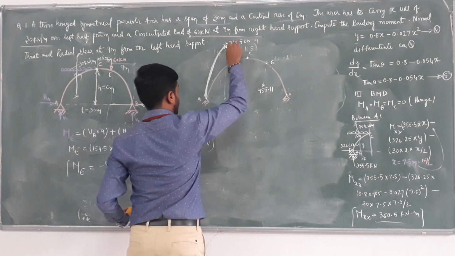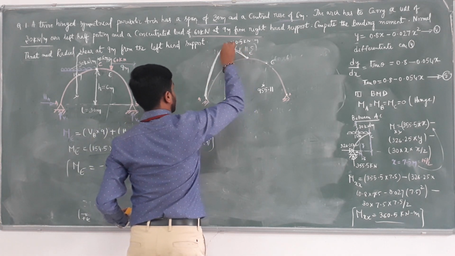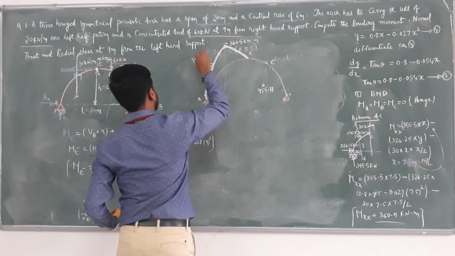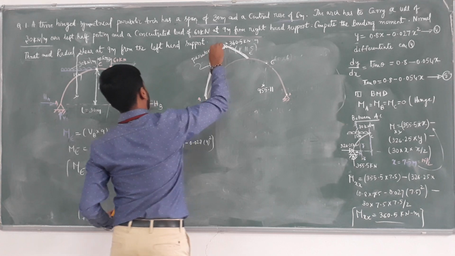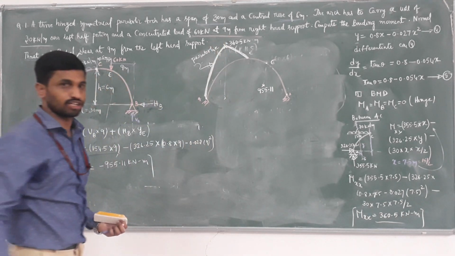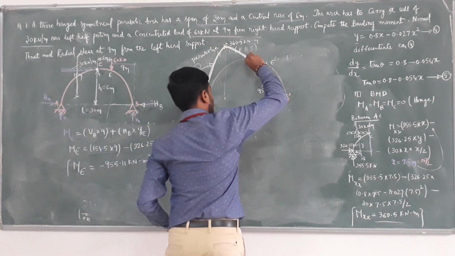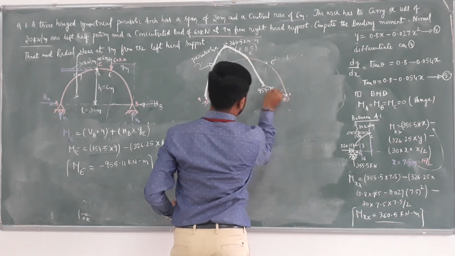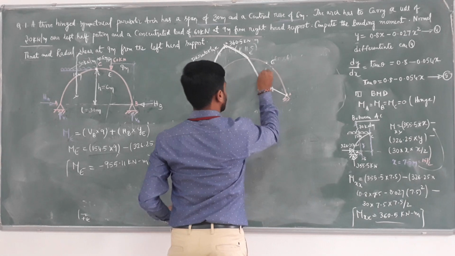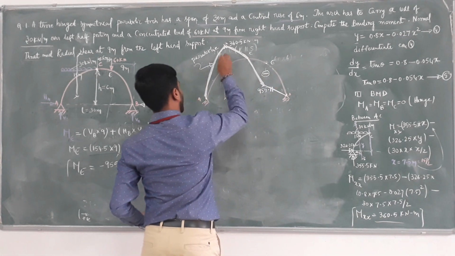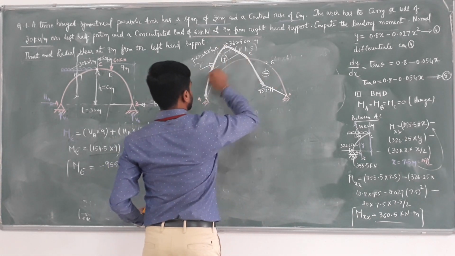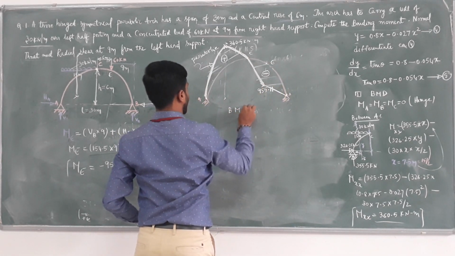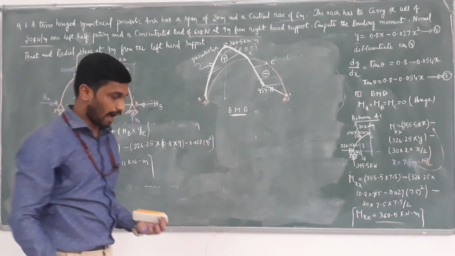The variation is parabolic, because of UDL. Next, this is linear, because of point load. So this is negative and this is positive. This is the bending moment diagram of the given arch.